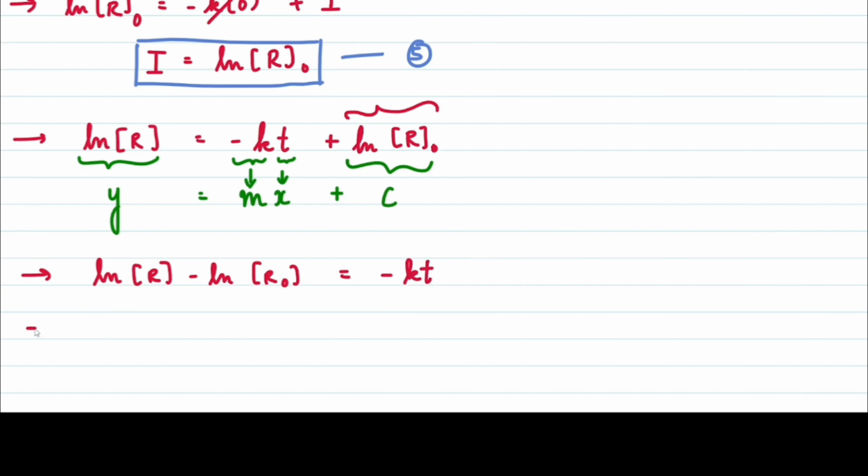To remove the minus sign, I'm going to multiply both sides by minus. So what will I get? kt is equal to ln r naught minus ln r. Got it, students?